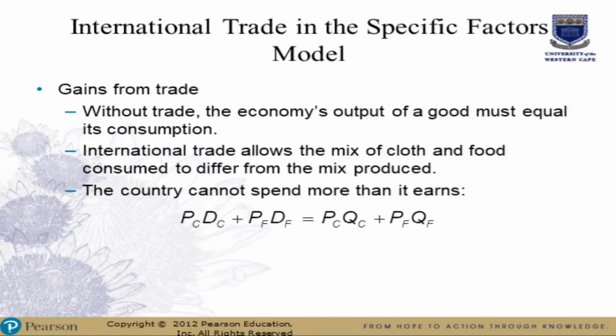However, with trade, it is possible for the mix of cloth and food consumed to differ from the mix produced. Nevertheless, with trade, a country cannot spend more than it earns, as shown by the equation below, which simply shows the value of consumption must be equal to the value of production.